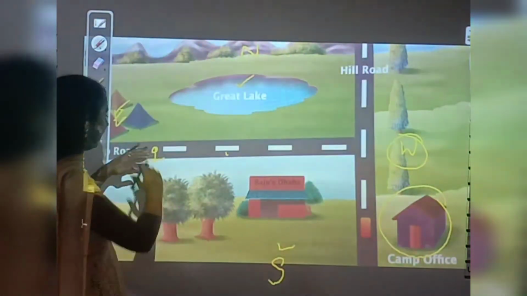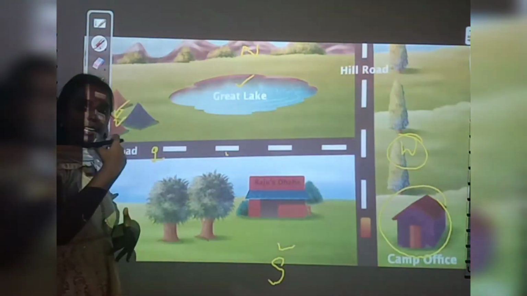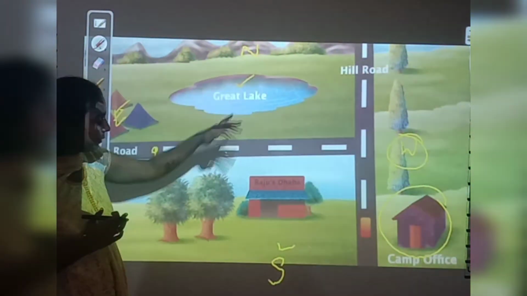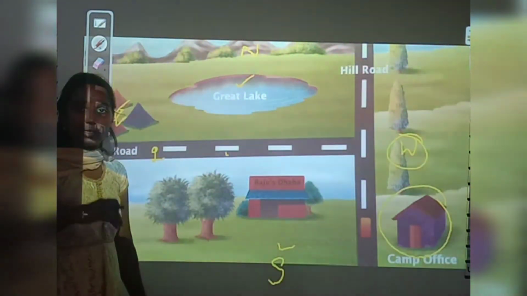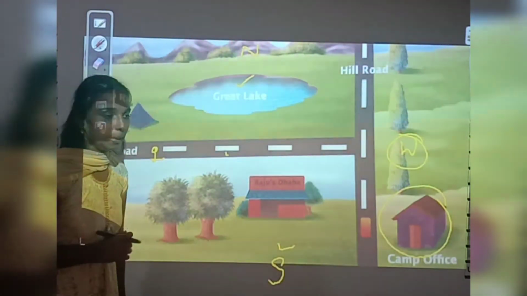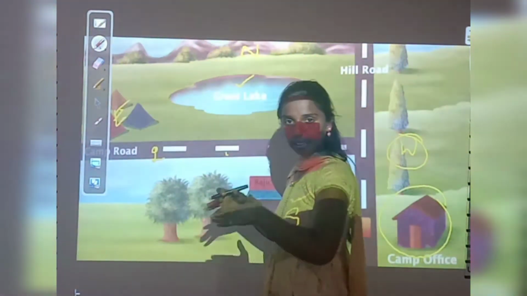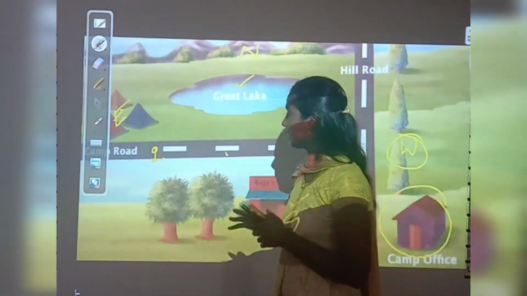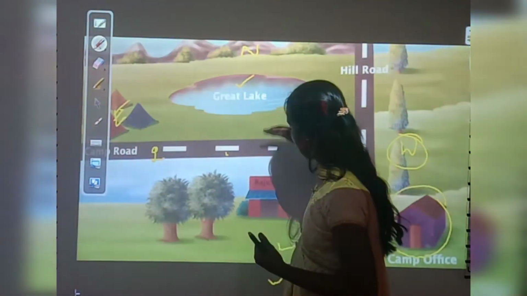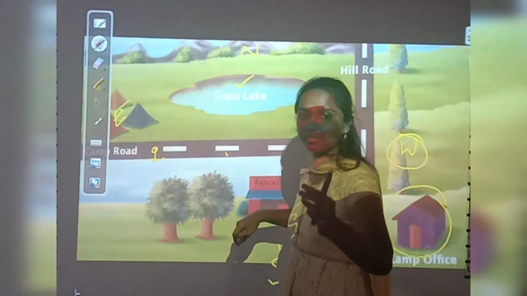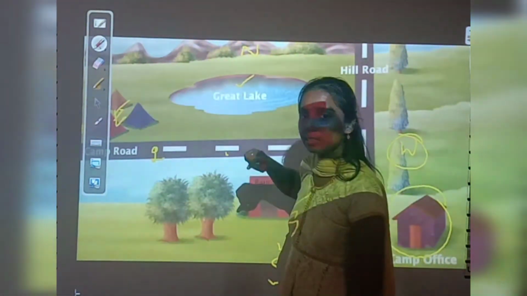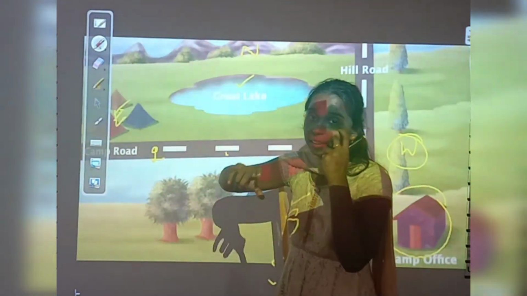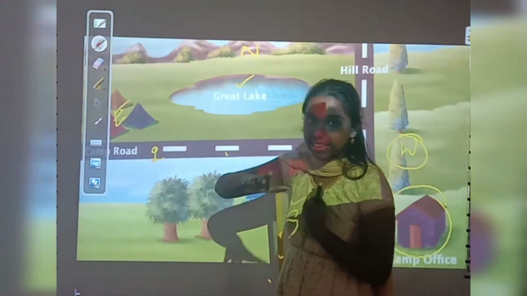So if you are standing in this position and you are giving the way to some person, you will say this Great Lake is located towards the left side and this Rajas Dabba is located towards your right hand side. But now you are in this position, and if you are giving the way to someone, then you will say this Rajas Dabba is located towards your left hand side and this Great Lake is located towards your right hand side, right? So based on your position, those directions also changed, right?